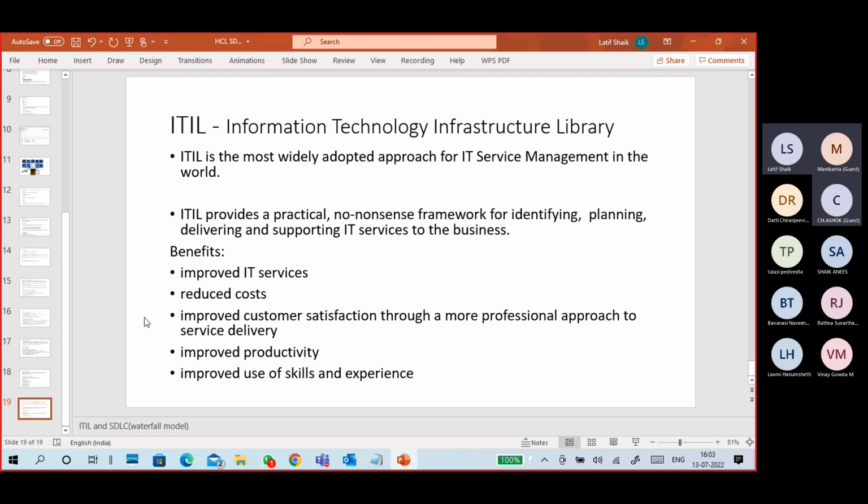For example, an internet connection. When I take internet from a particular organization, for example ACT, it is working fine. No problem. Now I got some problem: the internet is not working since the last 1 hour, with no prior information. So I gave a complaint that I am not getting internet for the last 1 hour.